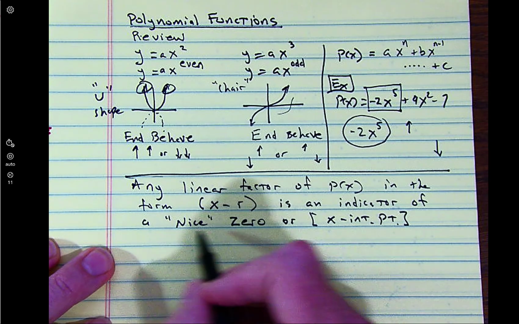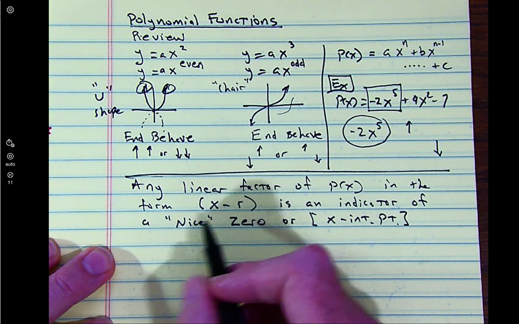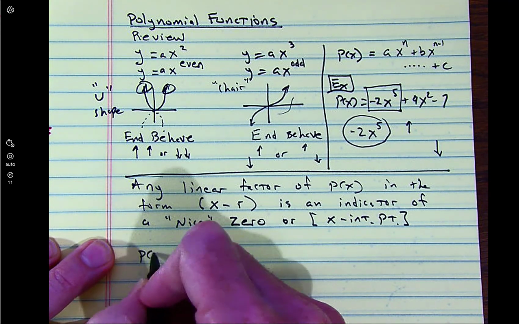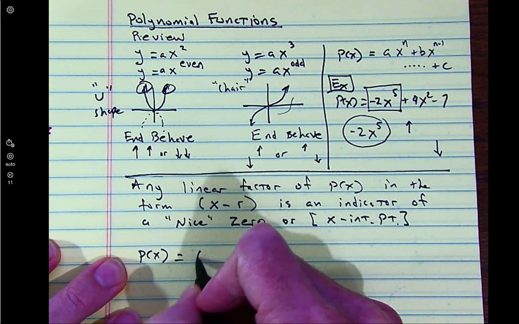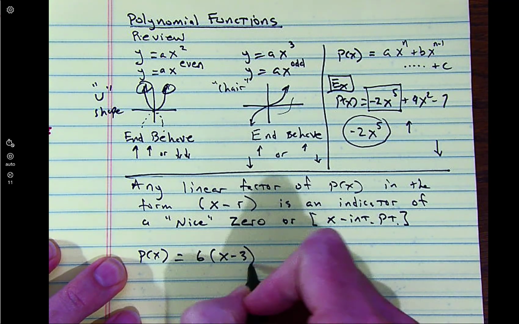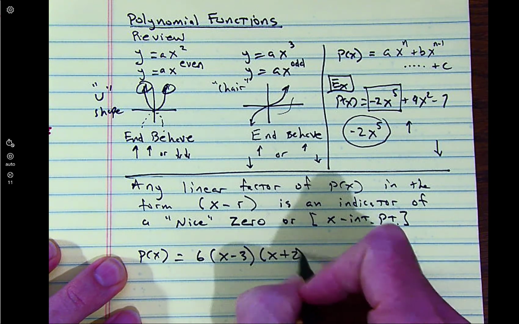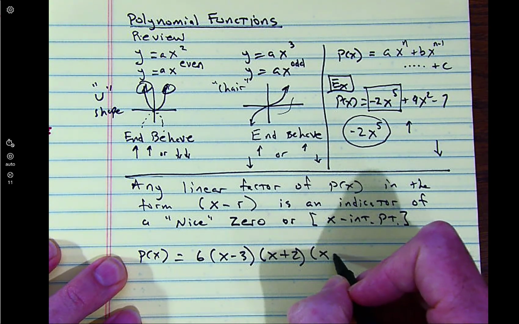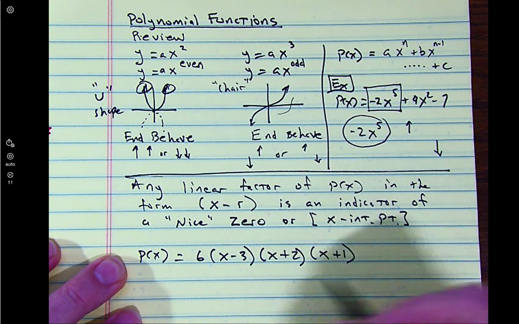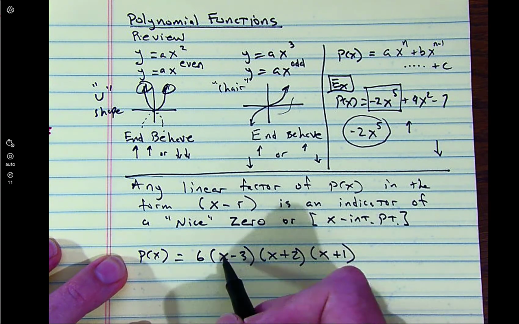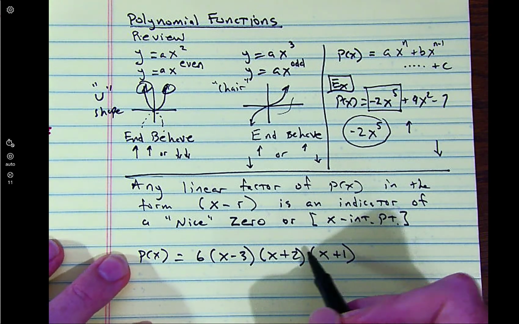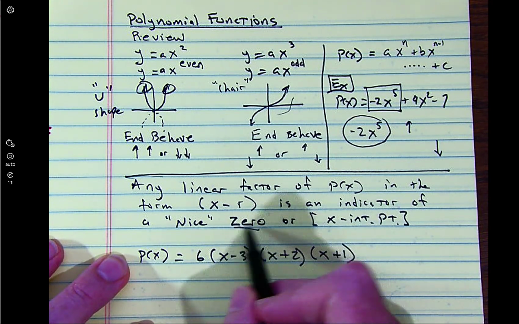So let's say that we can take a polynomial and factor it, p of x, and we get it down factored to 6 times x minus 3 times x plus 2 times x plus 1. These are linear factors, so I have 3 linear factors in here. Now, what does this have to do with the zeros?